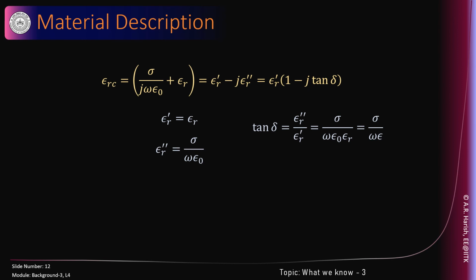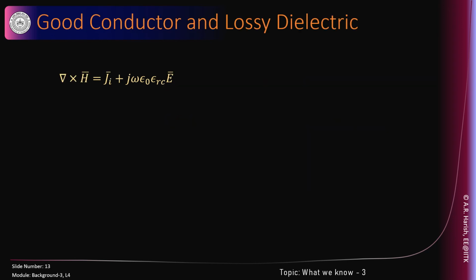You give any two, the other one can be found if you know the frequency of operation. So they are all equivalent. Depending on the nature of the industry, the way a material is specified changes, but most of the time the material specification revolves around one of these sets.